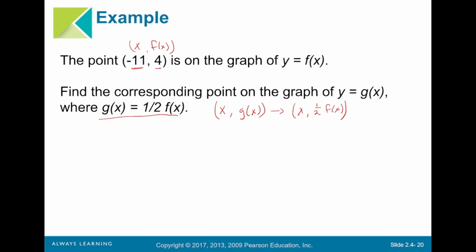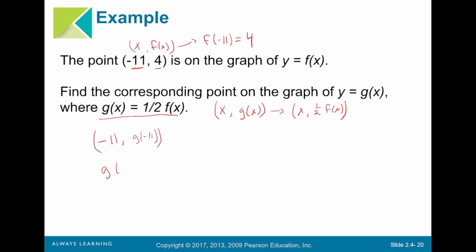Okay, so I know that f of negative 11 equals 4. Now I want to know the corresponding point, so essentially negative 11 comma whatever g of negative 11 is. That's what it's asking me for. Let's take a step back.